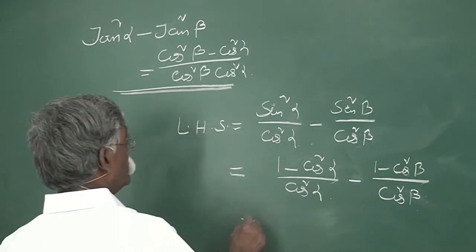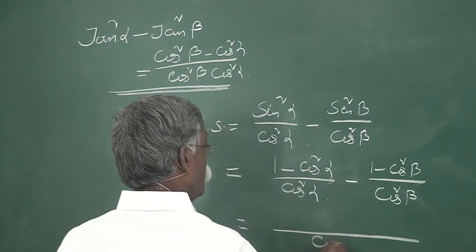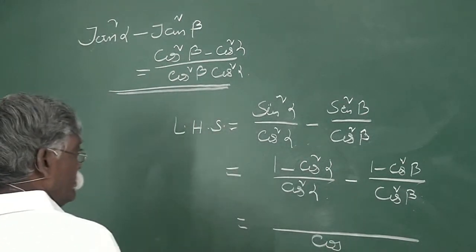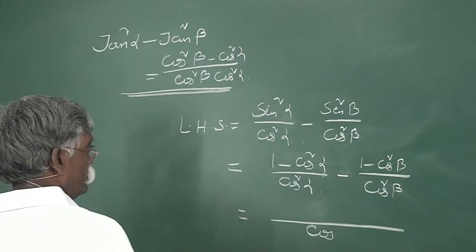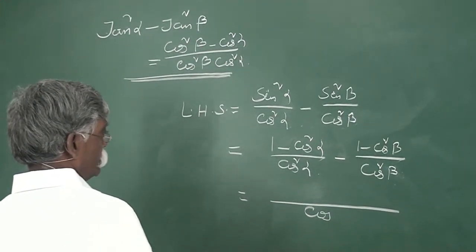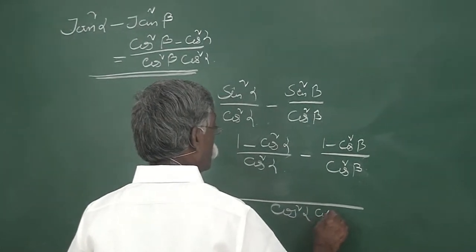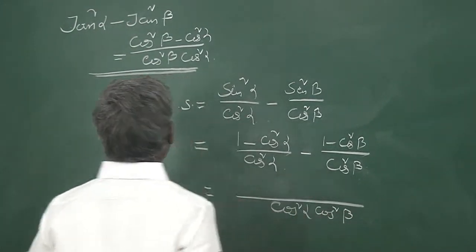Now, the LCM is cos square alpha into cos square beta.